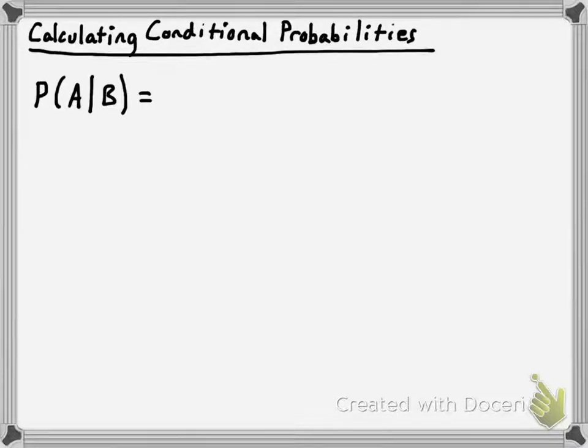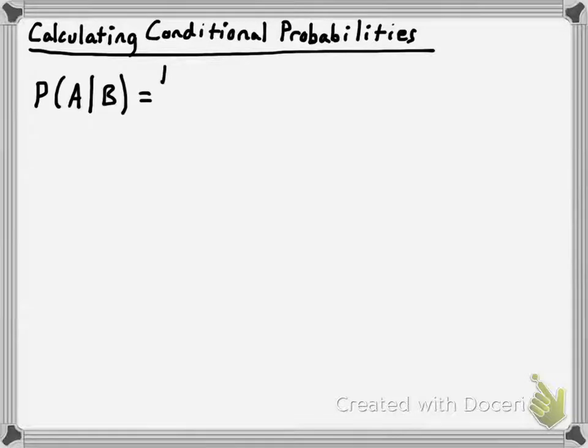Now, how do you calculate conditional probabilities? All right, this is the formula that I'm going to give to you right here. And in this notation, the way you're going to read it is that you're finding the probability that A occurs given that B has occurred. The probability of A given B. And the way you'll always find the conditional probability is this.